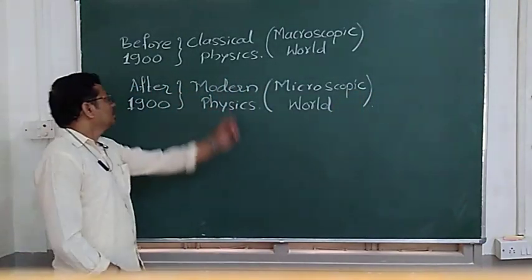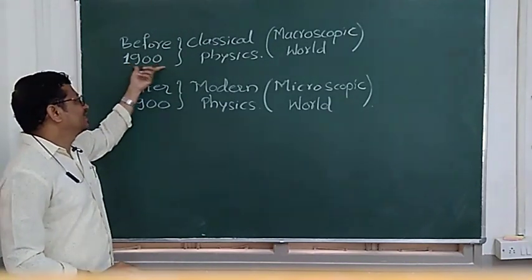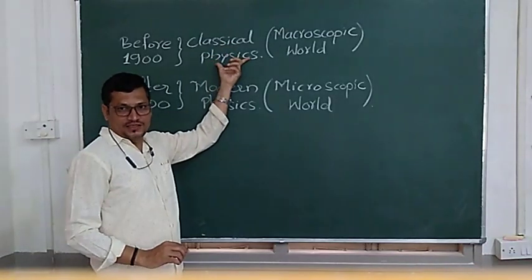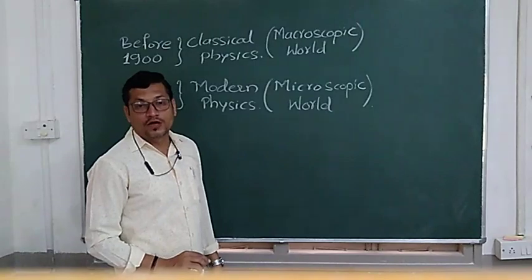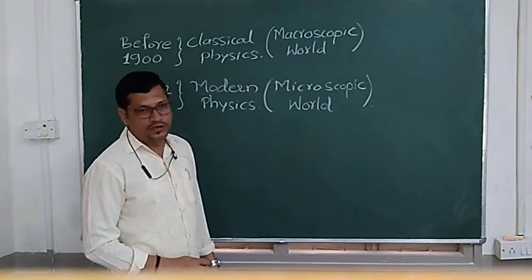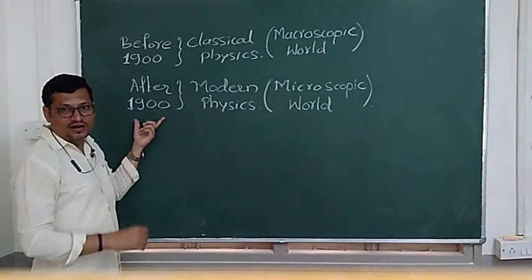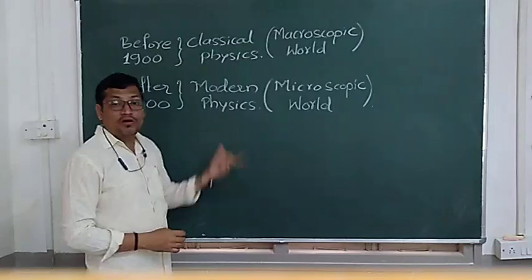Once again I will tell, the physics which was discovered before 1900, that physics was called as classical physics, or it is also called as macroscopic physics or macroscopic world. The physics which was discovered after 1900, that physics is called as modern physics.